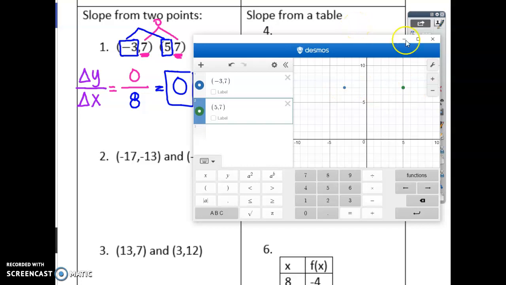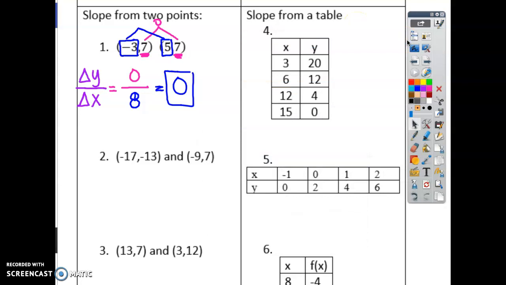Let's go try another one out. Let's do this one, number 2. You're writing everything down, change of y divided by the change of x. Okay, so let's look at my y's.